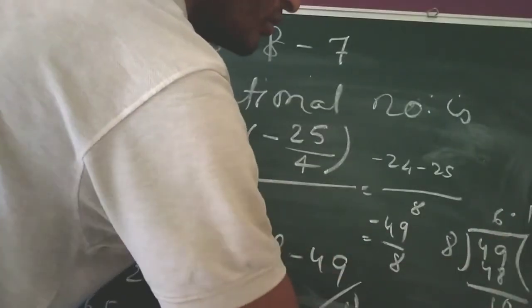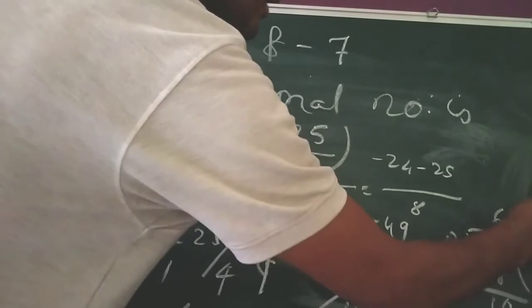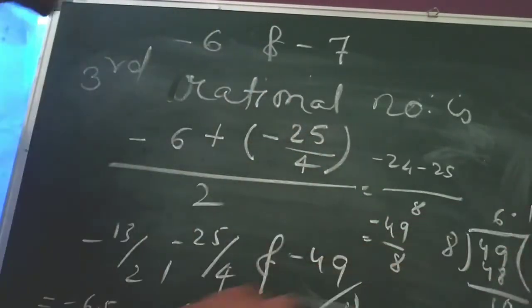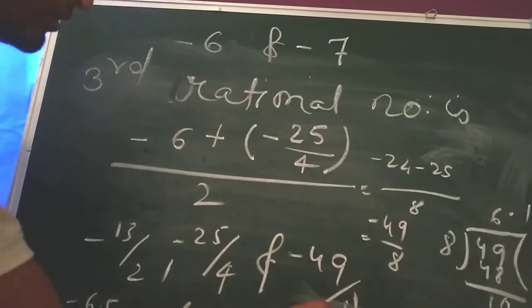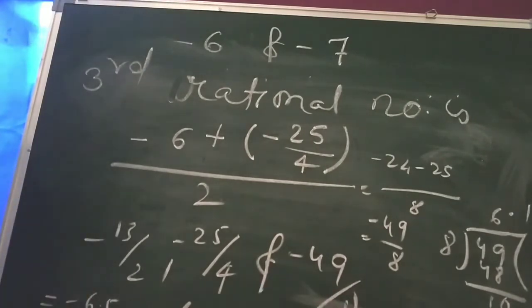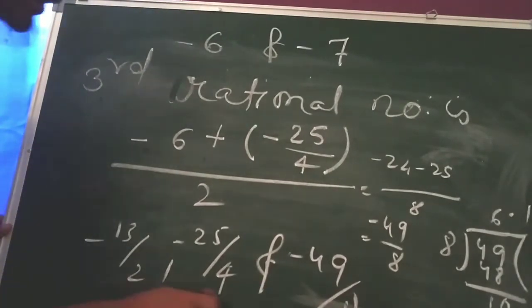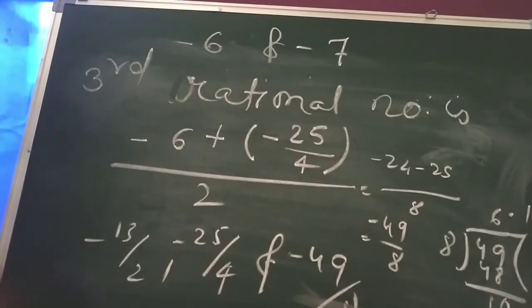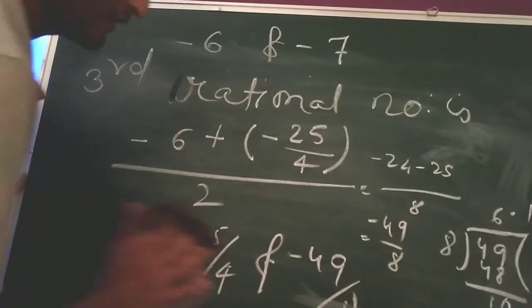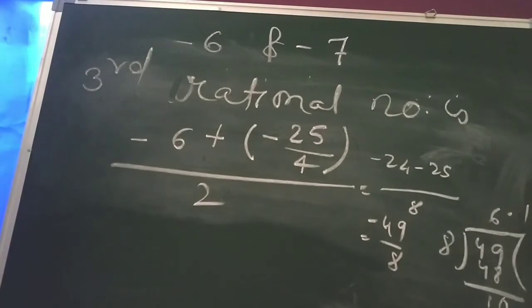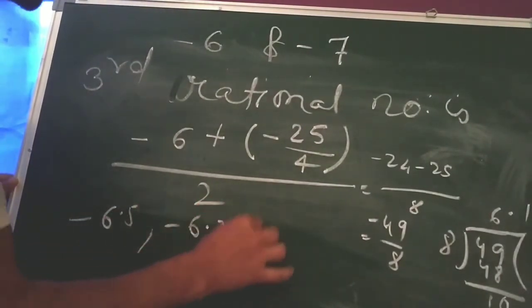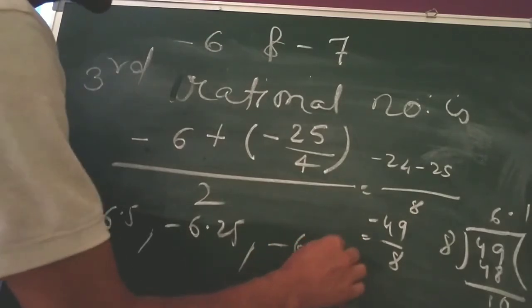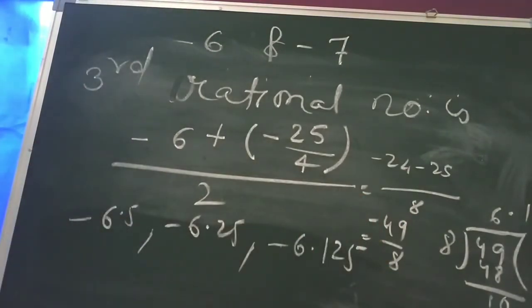Then 2, 0, 8 twos are 16, so 6.125. The third one is minus 6.125. The three rational numbers are minus 6.5, minus 6.25, minus 6.125. These are the rational numbers between minus 6 and minus 7.